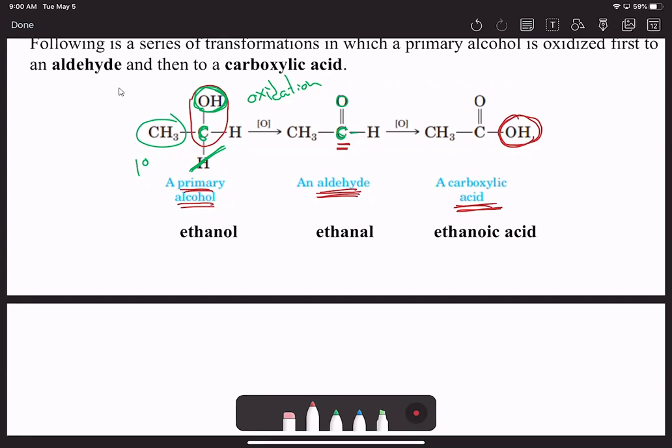Primary alcohol. First time it's oxidized, we get an aldehyde. Second time it's oxidized, we get a carboxylic acid. And these are functional groups that you're going to have to memorize. This is the functional group of an aldehyde.